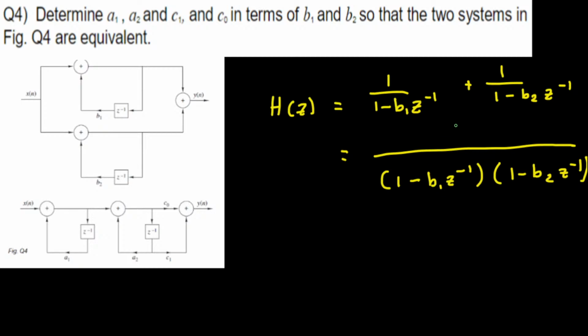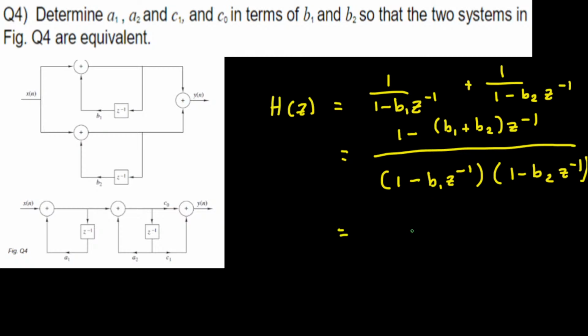If we do that, the equation will become like this: 1 minus (b1 plus b2) z power minus 1. Now we have to expand further and simplify this.